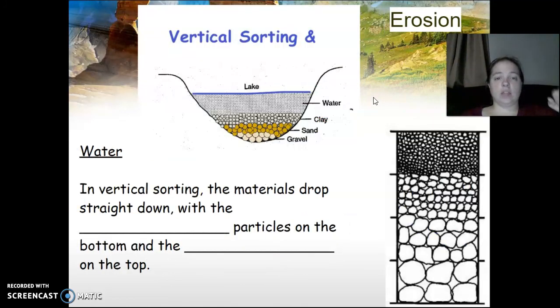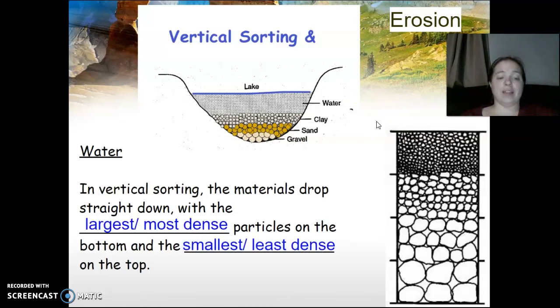Now we're going to look at the second type. That's the vertical. This one is where the materials drop straight down, with the largest, most dense particles on the bottom and the smallest, least dense on the top. Remember how I was talking about that bottle with the glitter stuff, and you shake it and you stop and everything just drops out. That's what's going on here.